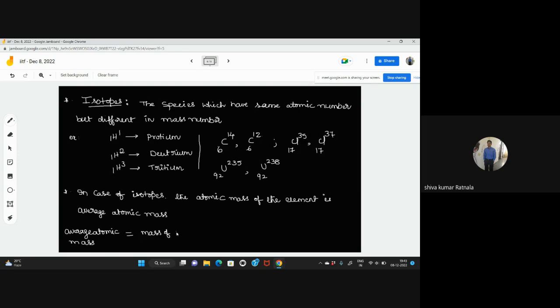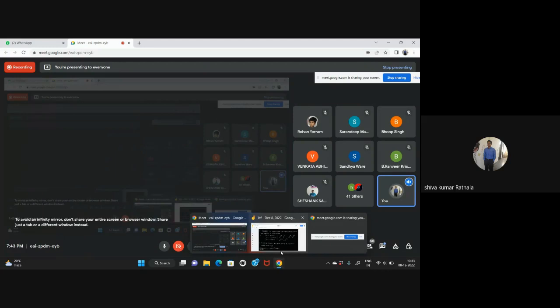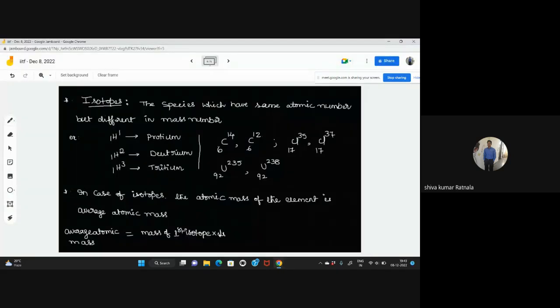mass of first isotope into its abundance, plus mass of second isotope into abundance.